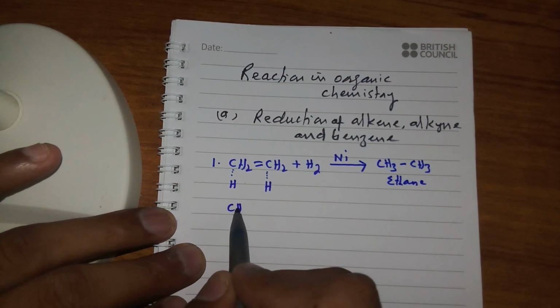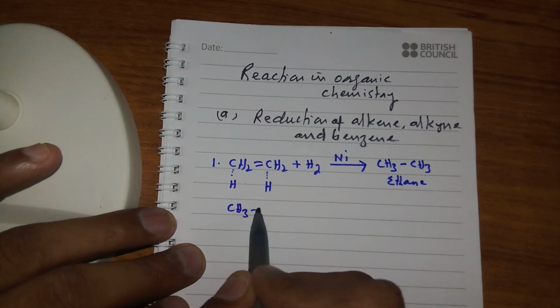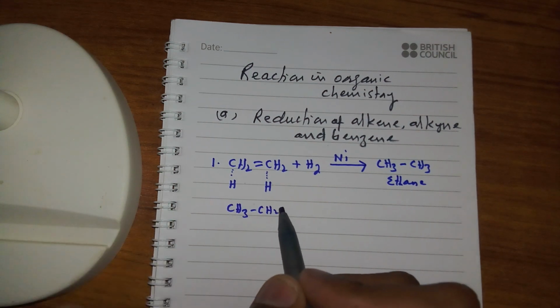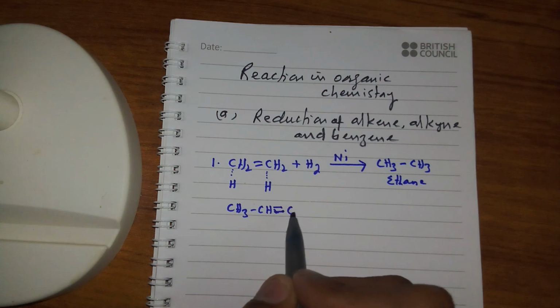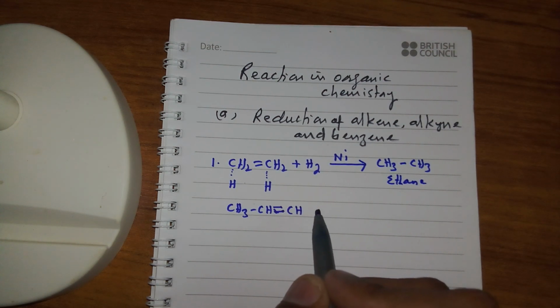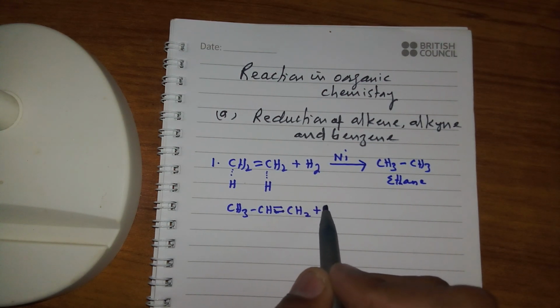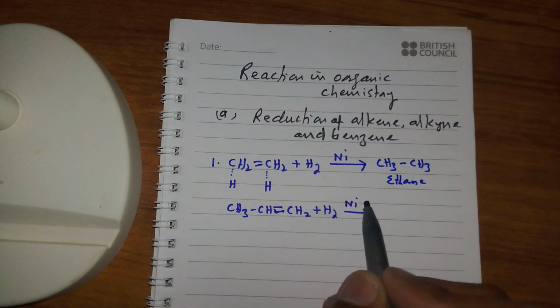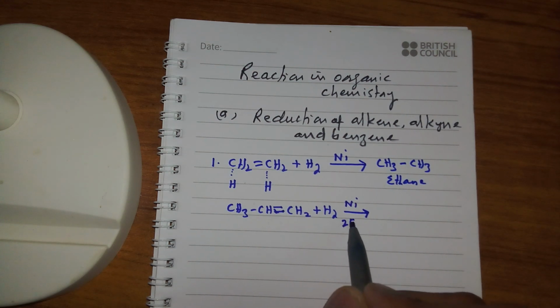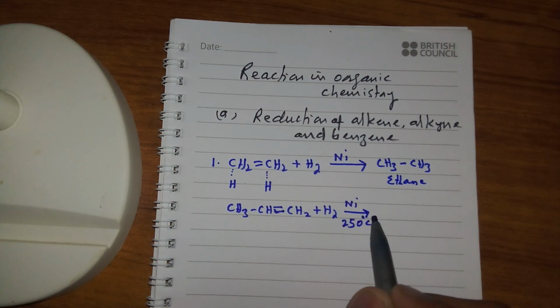Another example: CH3 CH, double bond, CH2, and this reacts with hydrogen in the presence of nickel, and we approximately use a temperature of 250 degrees Celsius.